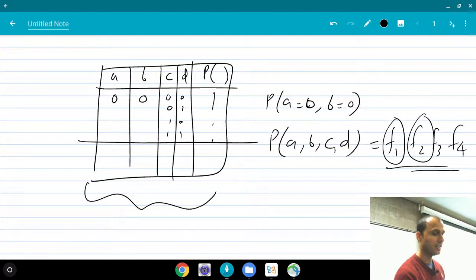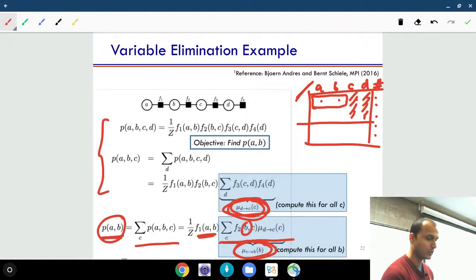Okay, each factor is a function of two inputs, right? So f1 is just a function of 2 things, f2 is a function of 2 things, f3 is a function of 2 things, and f4 is a function of 1.